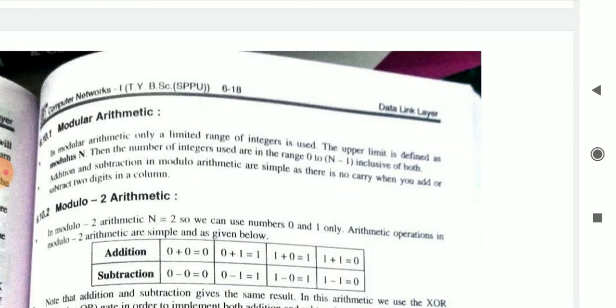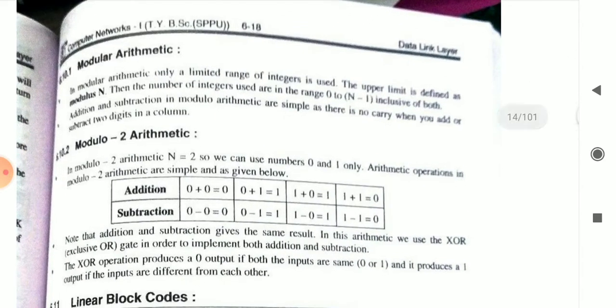Okay, now next we will see modular arithmetic, modulo 2 arithmetic. In modular arithmetic, only a limited range of integers is used. The upper limit is defined as modulo n. Then the integers used are in the range 0 to n minus 1, inclusive of both.